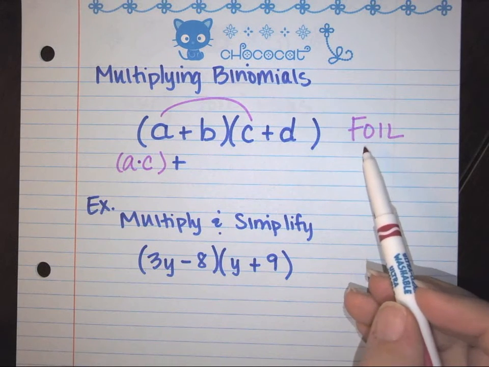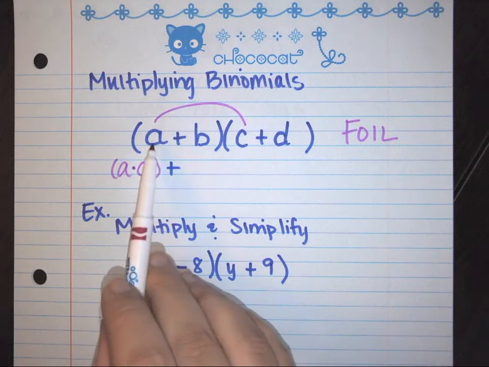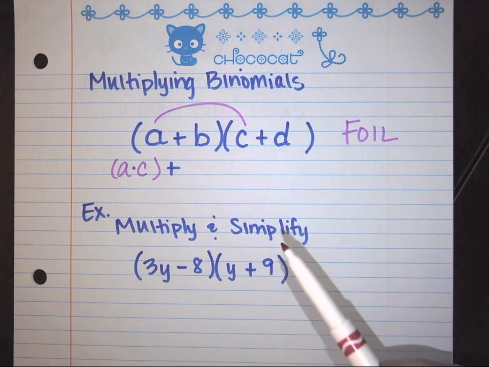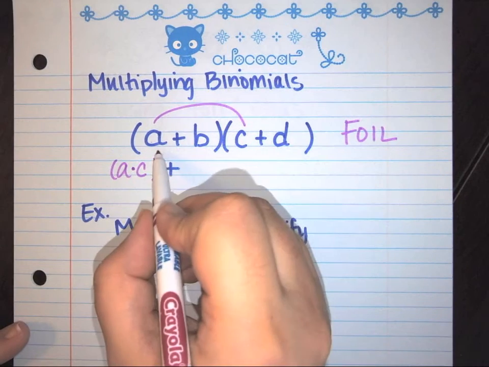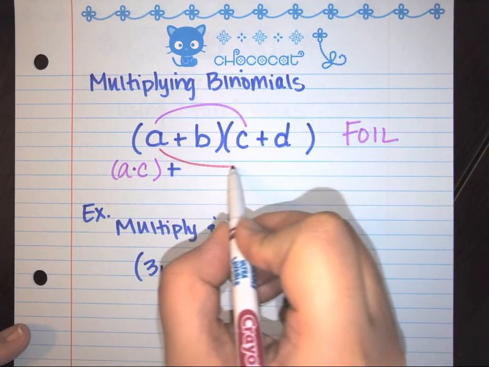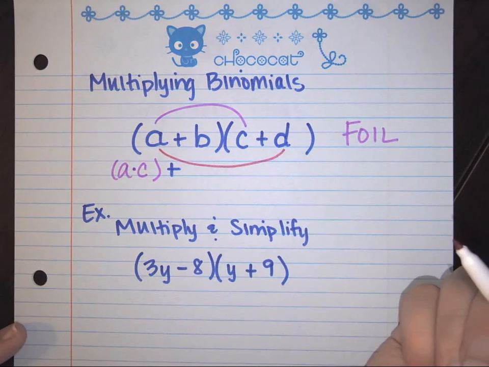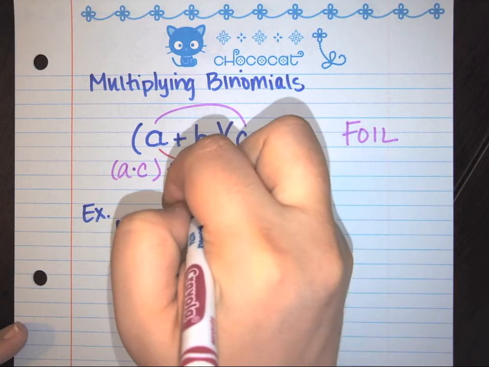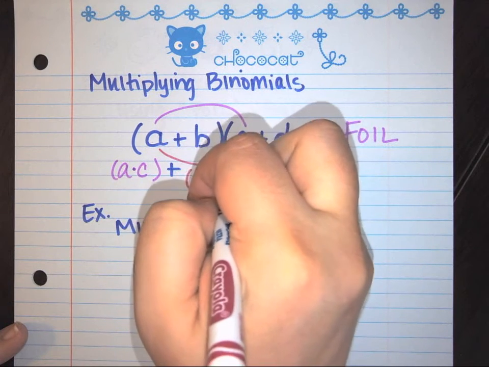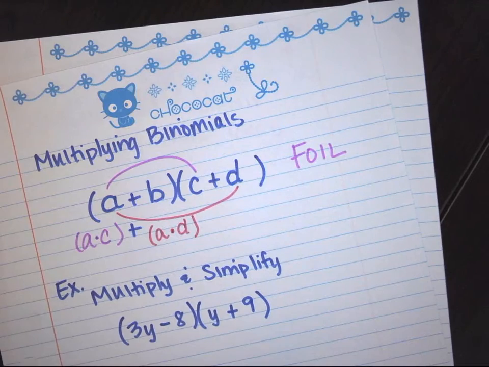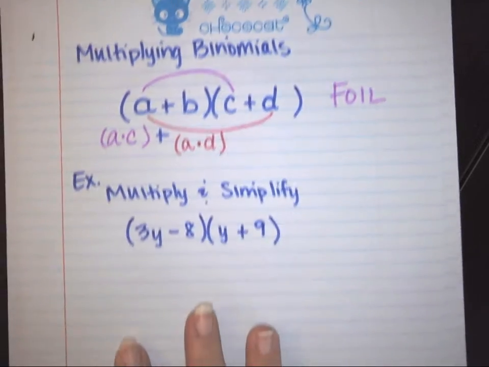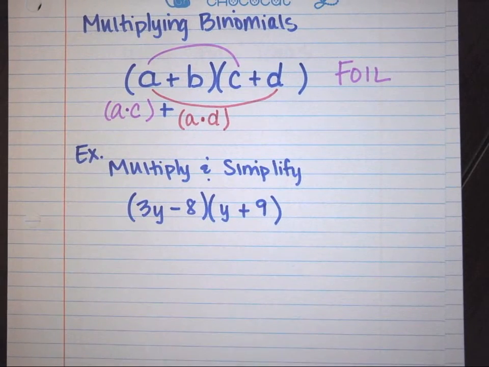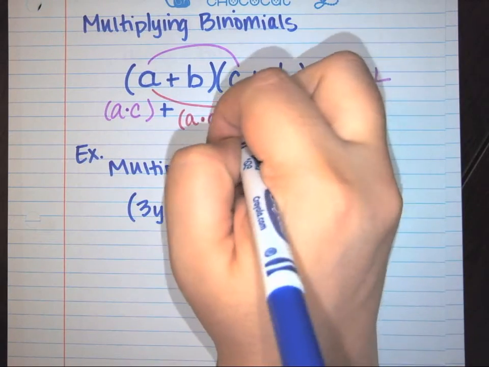O stands for outer. It stands for the outermost terms of your equation. So we are looking at this one and this one. So we are going to add this to the term A times D. We need to add this to the next term in the row.